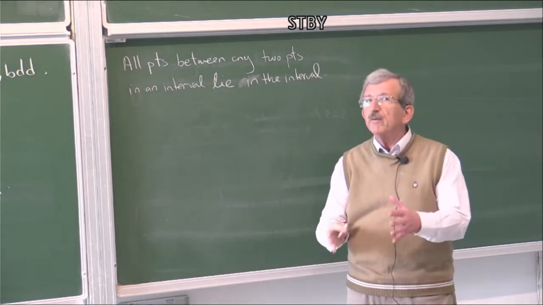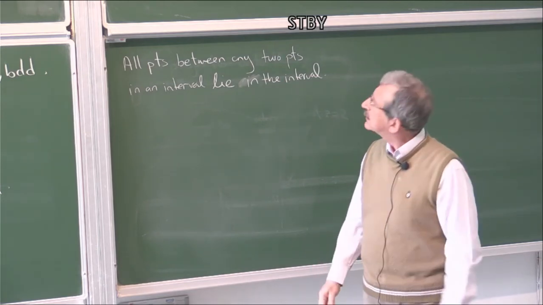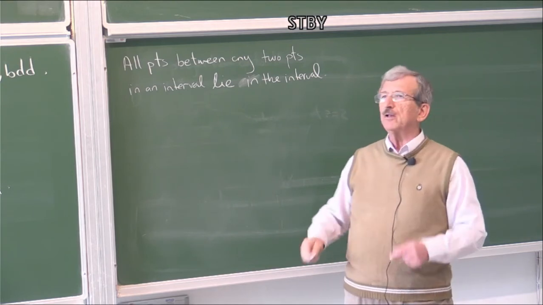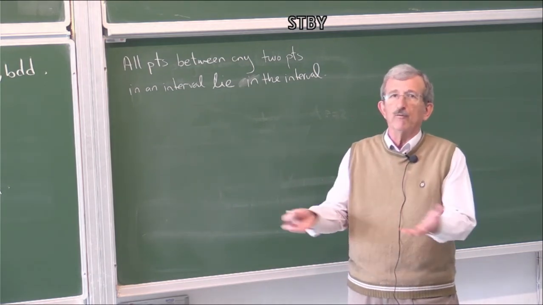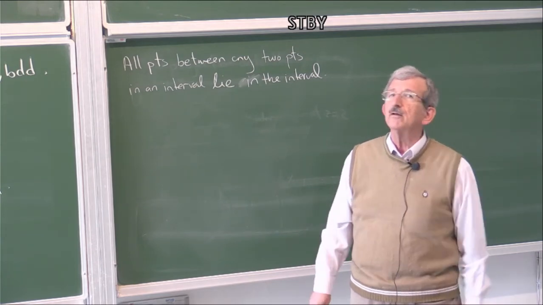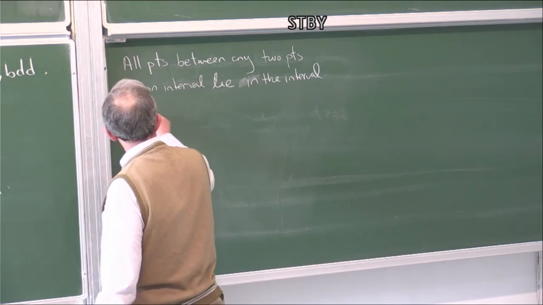This is a very important property. You can also regard it as: if you have two points in an interval, you can connect them with a curve, and the curve lies in the interval in question. Now, a generalization is the following.